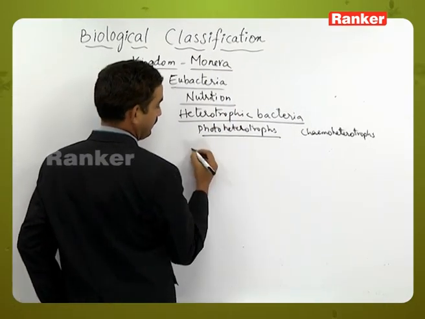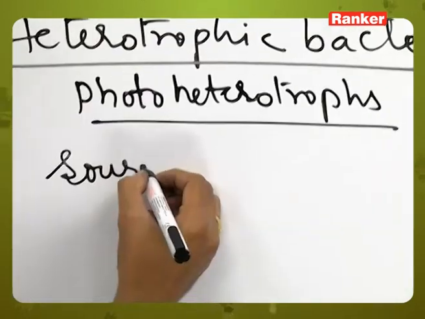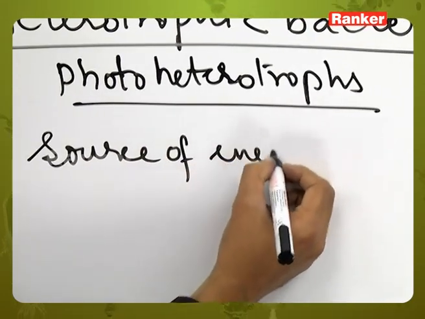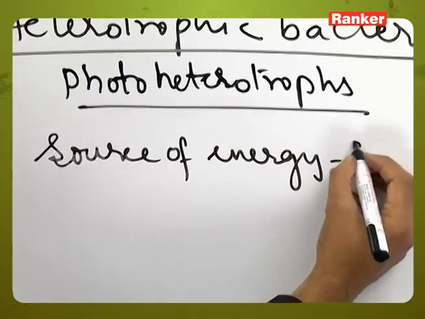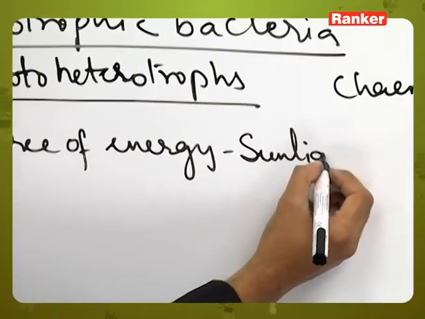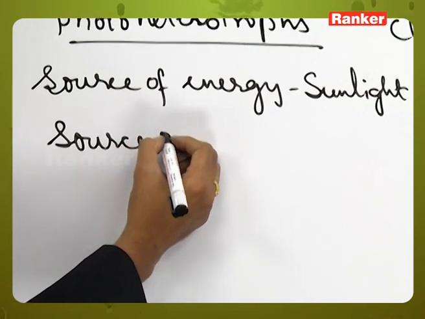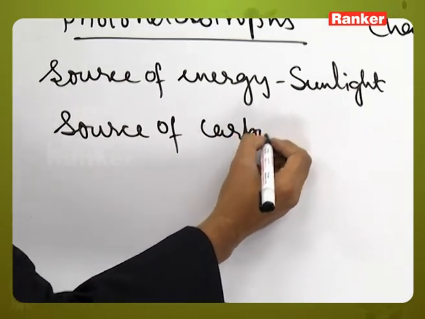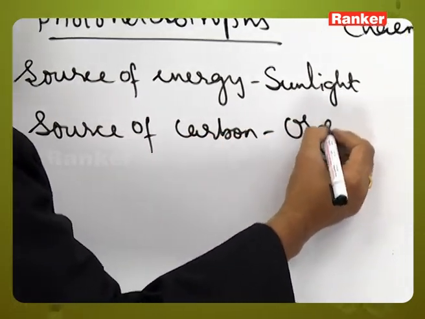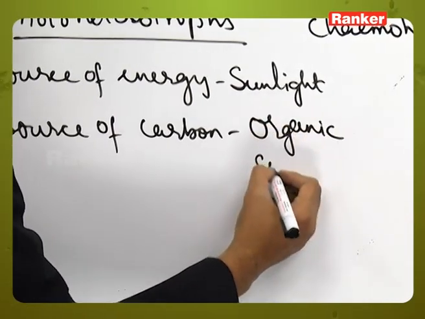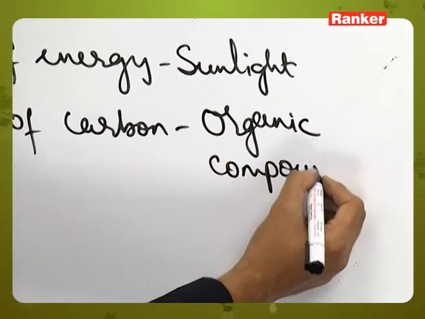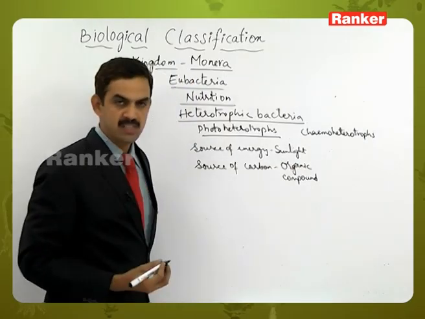In photoheterotrophs, the source of energy is sunlight, whereas the source of carbon is organic compounds which are present in other organisms, that is a host.